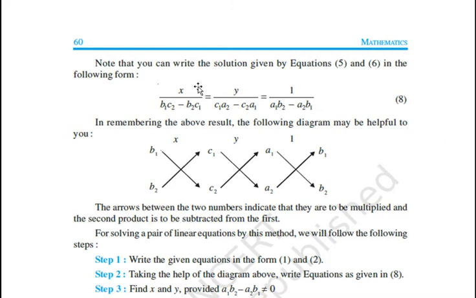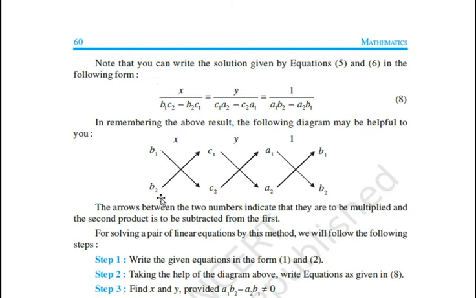So how do we write this equation when we need to find the values of x and y? x by b1 c2 minus b2 c1 equals to y by c1 a2 minus c2 a1 equals to 1 by a1 b2 minus a2 b1. In order to memorize this, you can see on page number 60, this cross multiplication table is given.